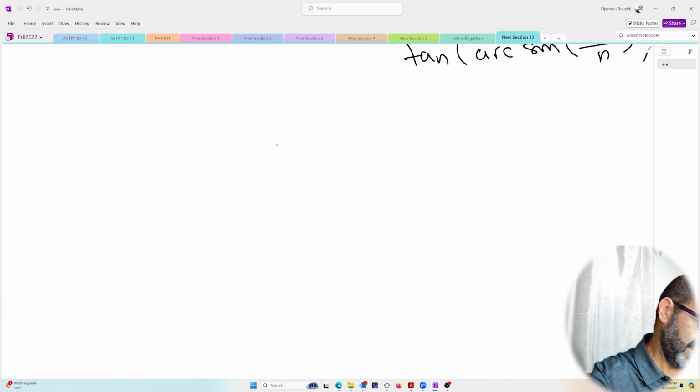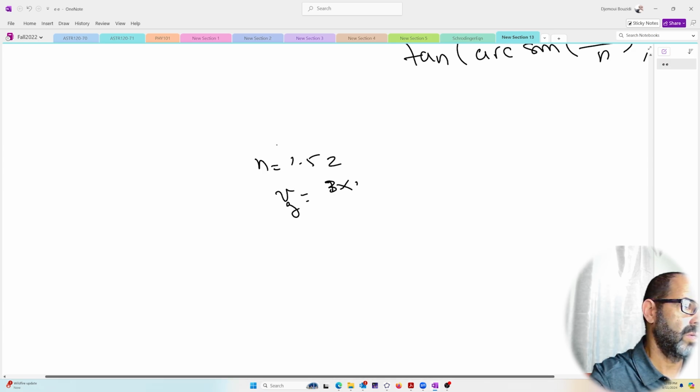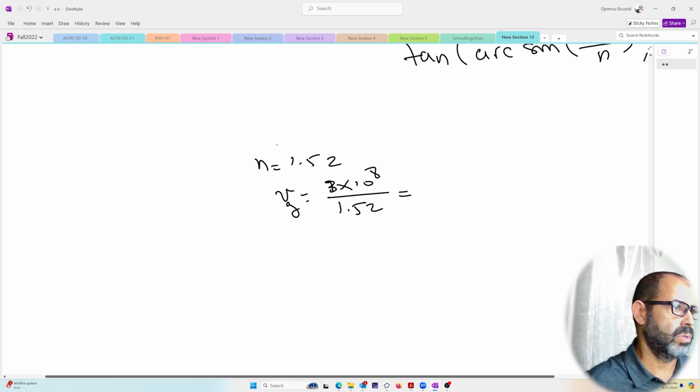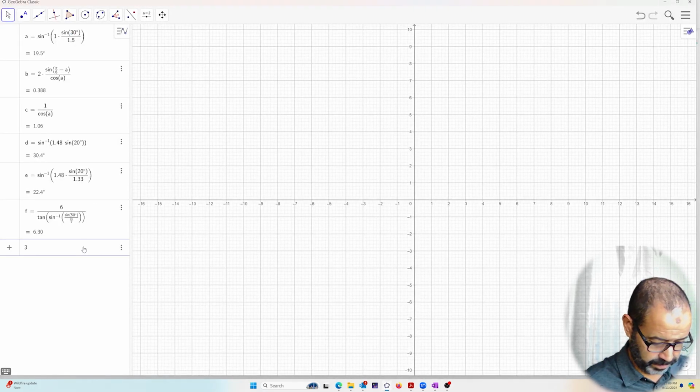They gave us the glass with n equals 1.52. The speed in the glass, similar to the one we did in the beginning, is the speed of light in vacuum divided by the index of refraction. It's going to be slightly less than 2, so 3 divided by 1.52.